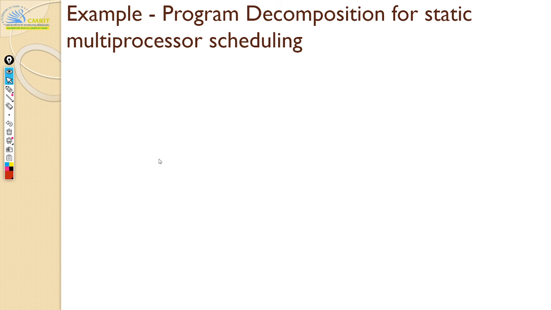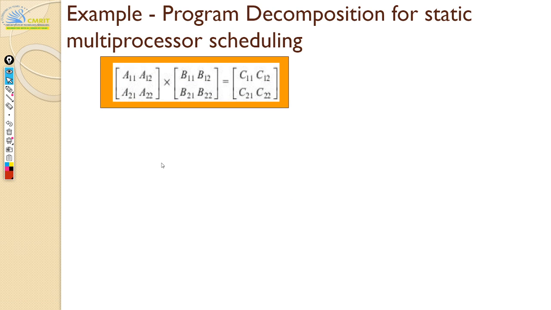Now we will look at one more example. Our favorite, right? I think we are going to stick to this particular example for the rest of the course: matrix multiplication. If you want to know, my BE project was related to something like this. I did parallel processing.